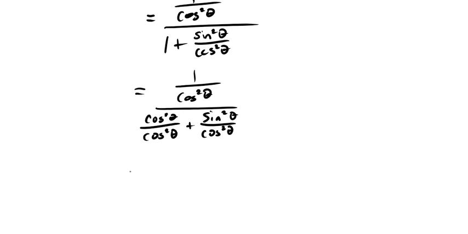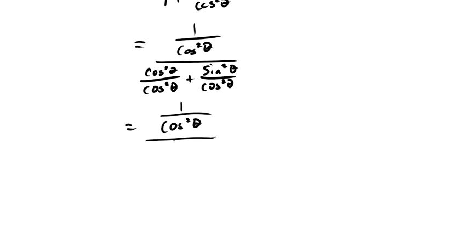Okay, so now I can do common denominator adding here. So 1 over cos, and if you can see a few steps ahead, you see how this is going to work out already. Over cos squared theta plus sine squared theta, over cos squared theta. What's cos squared theta plus sine squared theta?